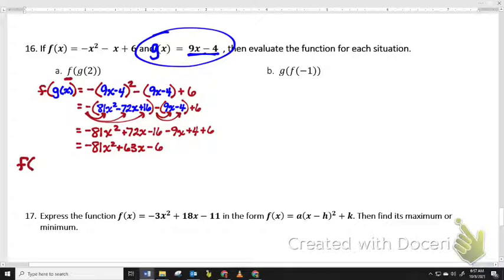All right, so f of g of 2. I've got negative 81 times 2 squared, plus 63 times 2, minus 6. So negative 81 times 4.